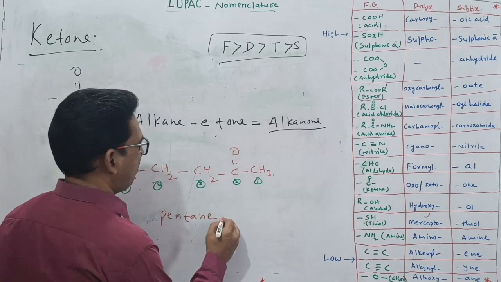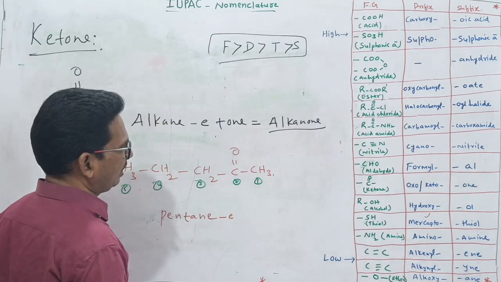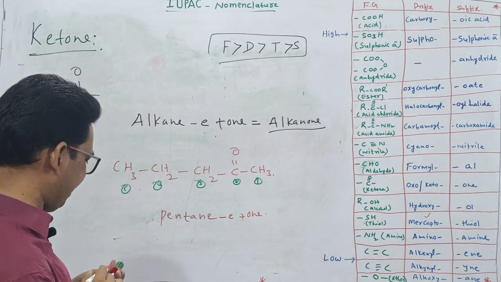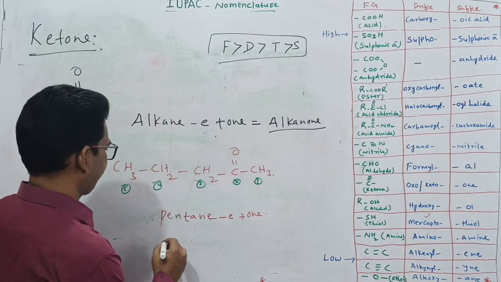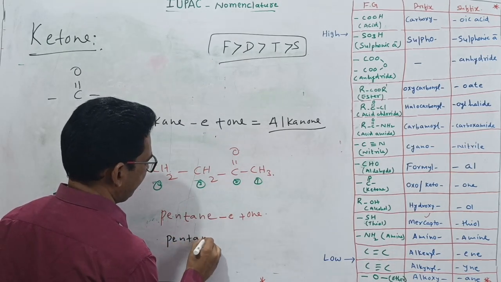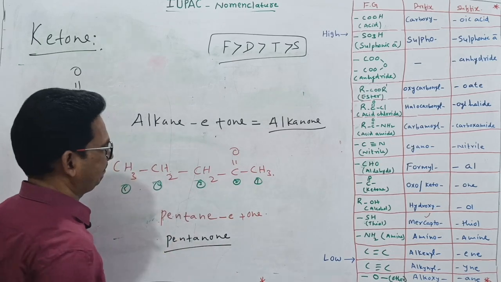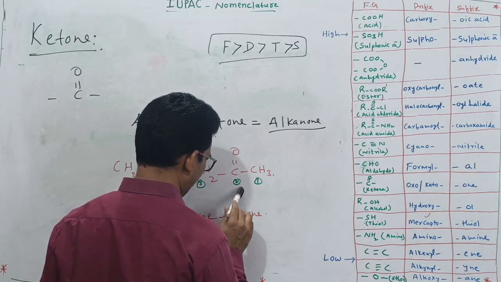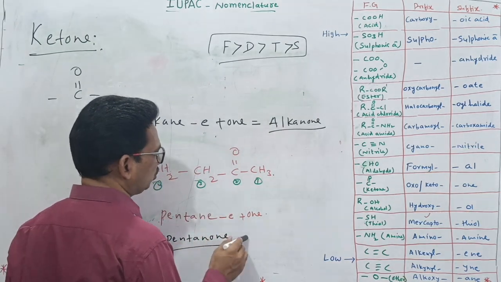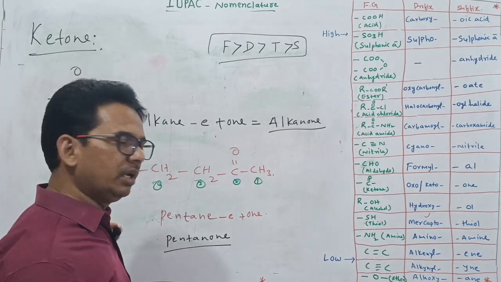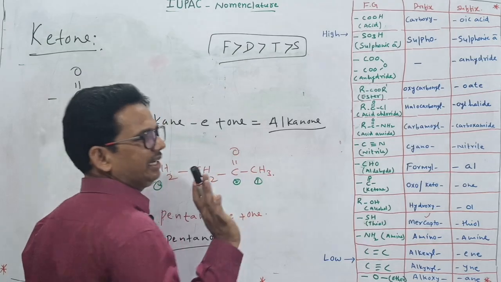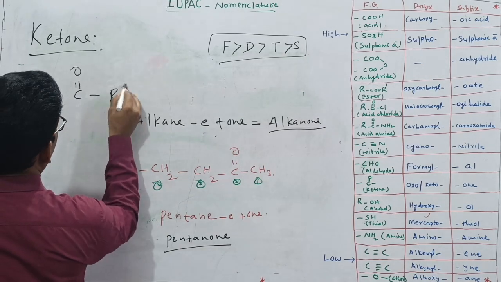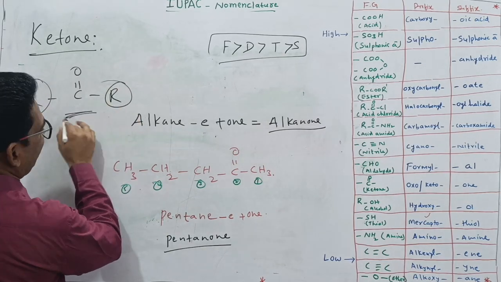Pentane minus e plus on, then the name is pentanone. Don't say it like that, sir, the ketone is at the second position. You can write pentane-2-one, or pentanone, it also gives the same meaning: the second position, the ketone will be there. Why? RCOR, here also carbon, here also carbon, that's why it is called ketone.